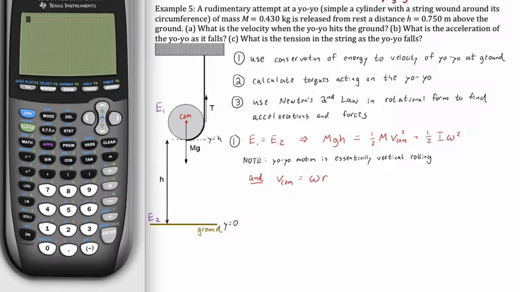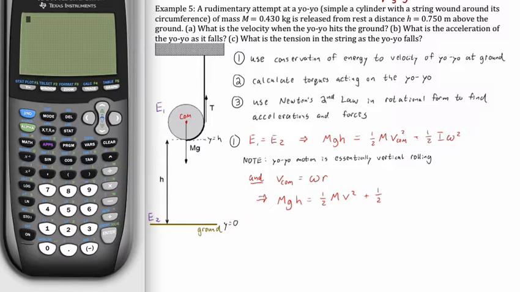So then what this is going to look like when we make that substitution for V equal to omega r, well, now we're going to have mgh equals 1/2 m V squared, dropping the center of mass, now that I've called attention to it, because that's the only translational velocity we care about. We're not asking about translational velocities along other points of the yo-yo anywhere in the problem.